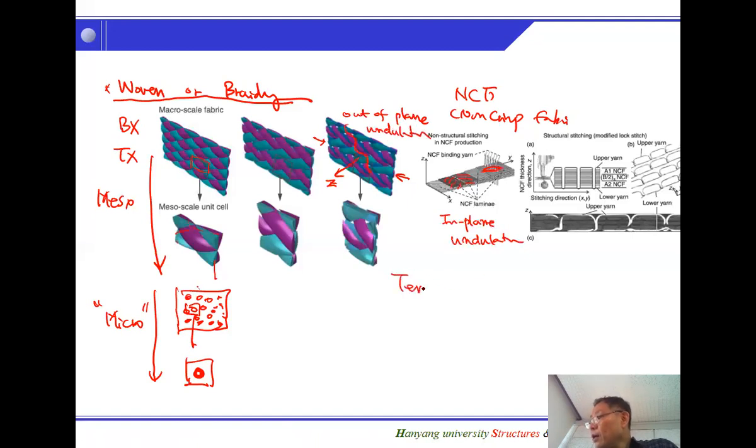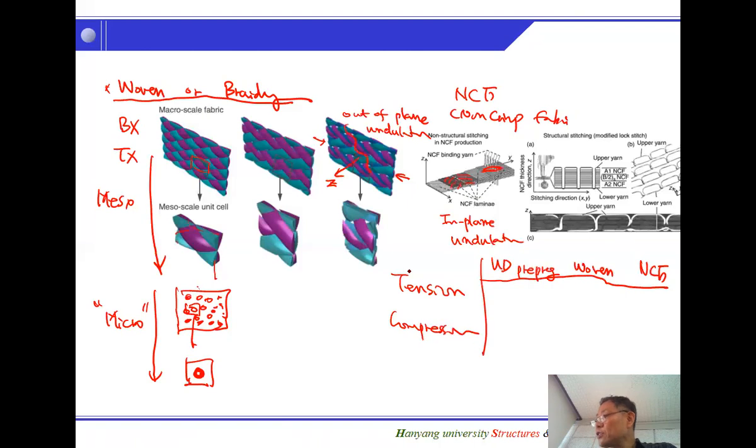So I'll just say tension property. What I mean by tension property is the strength, okay, and compression strength.